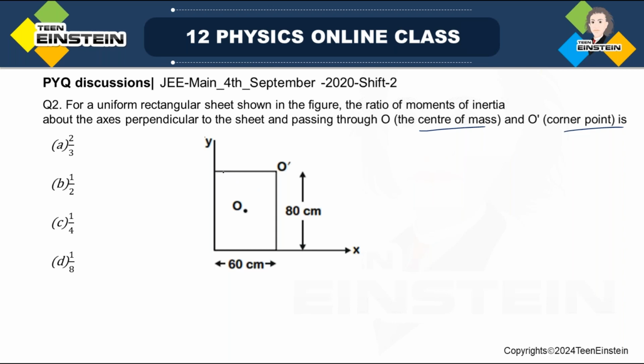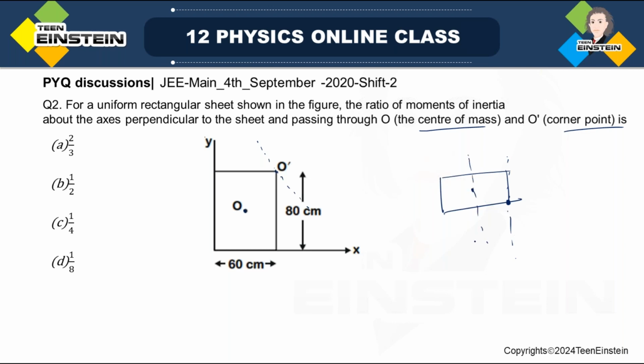So basically you have to find out moment of inertia about the center of mass of the rectangular sheet, and you have to find out moment of inertia about an axis which is passing through the corner but perpendicular to the plane of the rectangular sheet. If I say this is the corner, you will get an axis here, another axis is here.